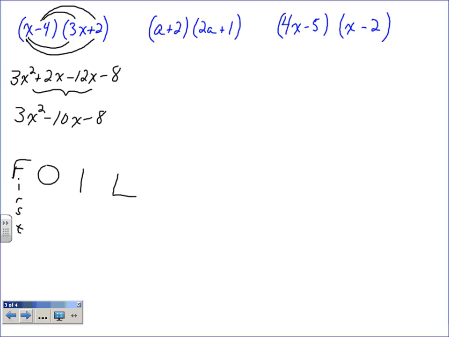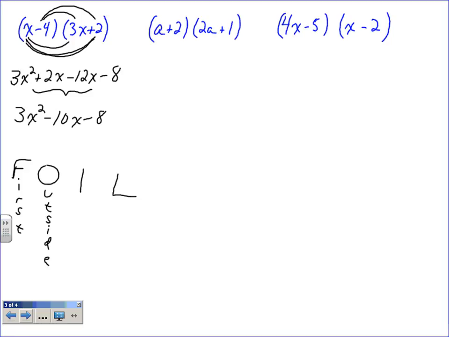Then I multiplied the x times 2. And if you look at this problem, it's the two terms on the outside. That's what the O stands for. The two outside terms together. And then the I, what I did next was multiply negative 4 times the 3x.